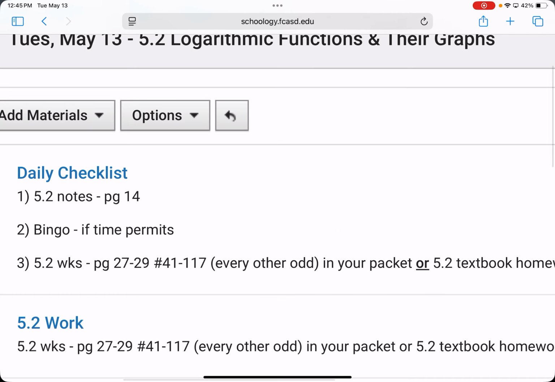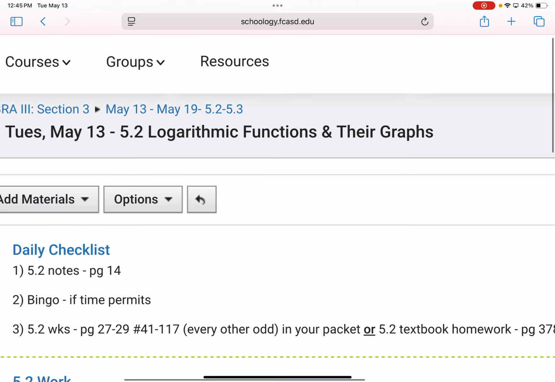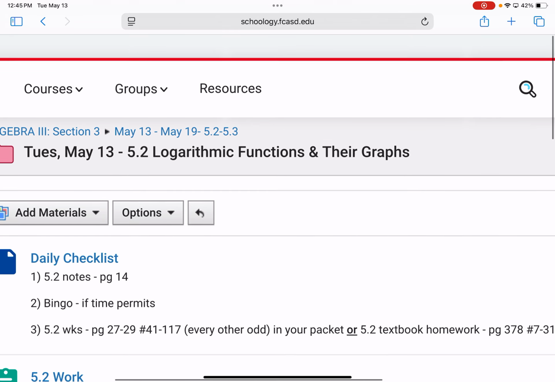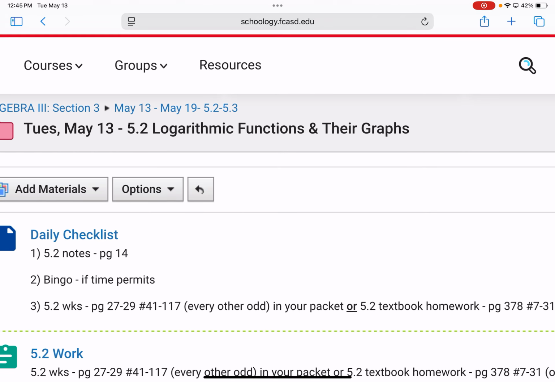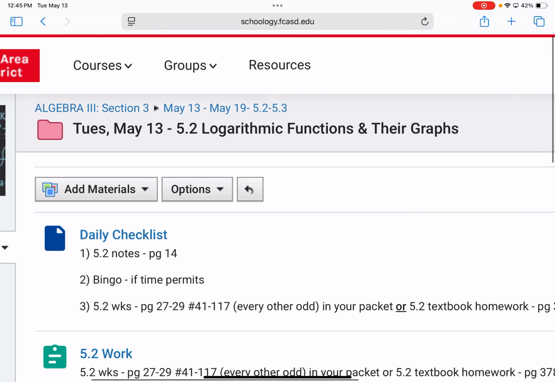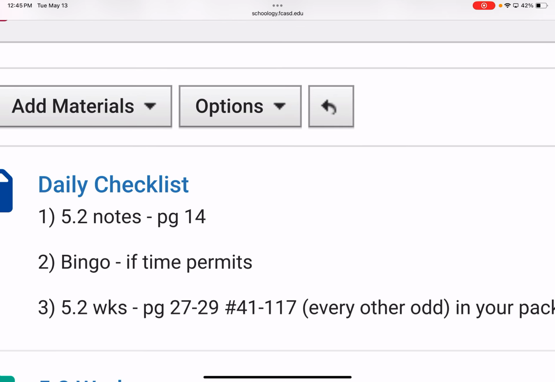As you get used to seeing these problems over and over again, okay? Tonight, for your homework, you have a choice. Some of you love doing that textbook homework, so you can. It's right here. Or in our packet, if you go to page 27 to 29, you can do every other odd.